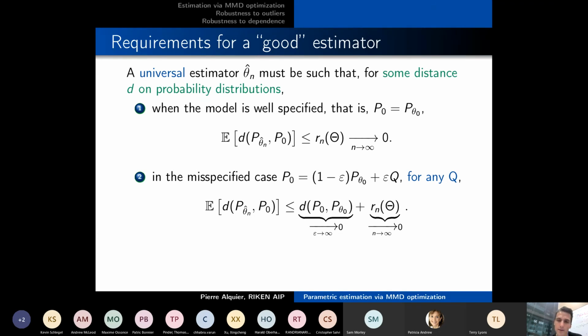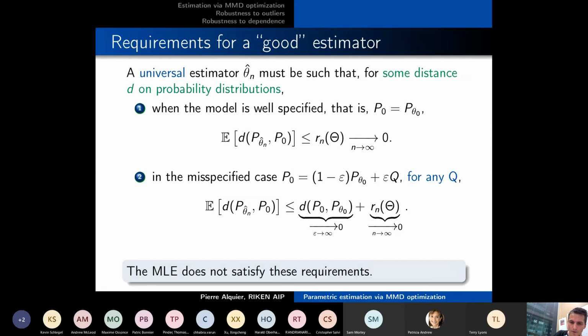But if you interpret distance here not in the sense of something that satisfies the axioms of a metric, but something more general, like for example the Kullback divergence on which the MLE is based, then when epsilon tends to 0, the KL does not necessarily tend to 0. It can even remain infinite in some cases, which explains some of the instabilities of maximum likelihood estimation.